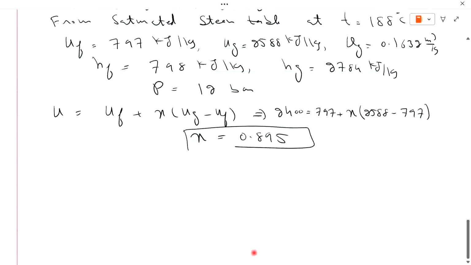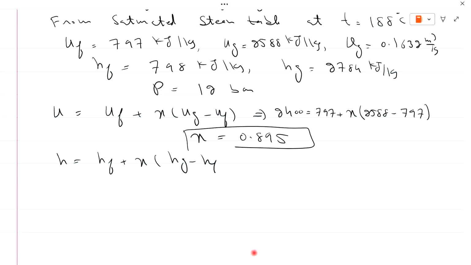Now to find h, h is equal to hf plus x into (hg minus hf). Put values in this equation. So the value of hf is 798 kilojoule per kg plus the value of x is 0.895 times hg, 2784, minus hf, 798. Simply calculate this value.